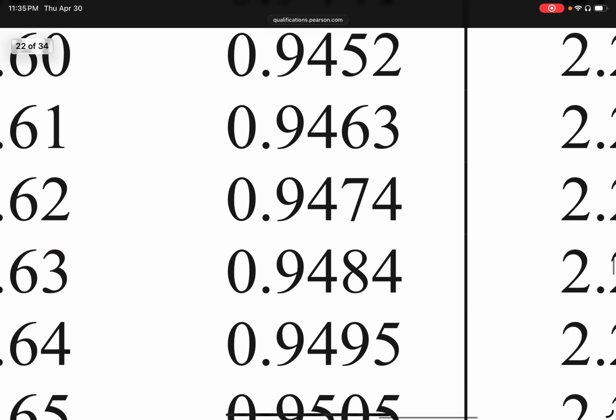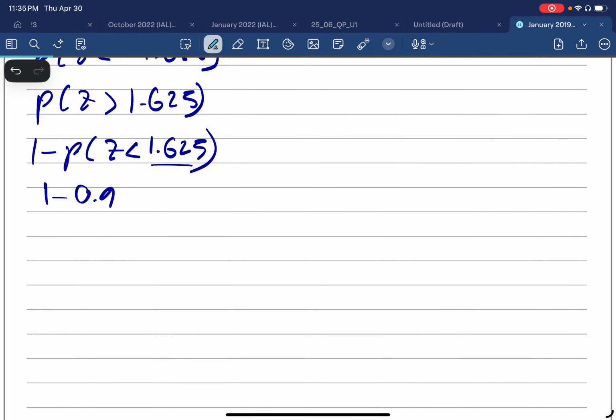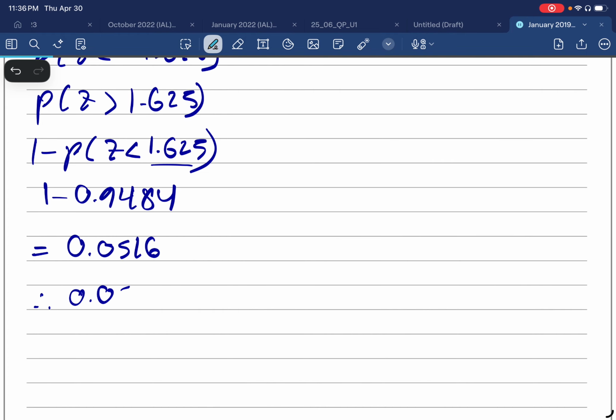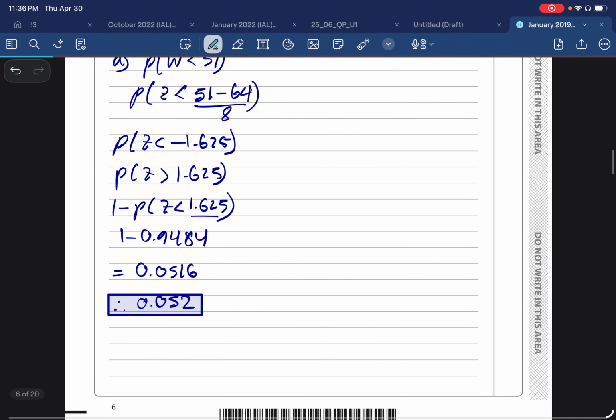So it's 0.9484. 1 minus 0.9484 gives you a value of 0.0516. To 3 significant figures it would be 0.0516, so 0.052. There you go. That is your answer to part A.